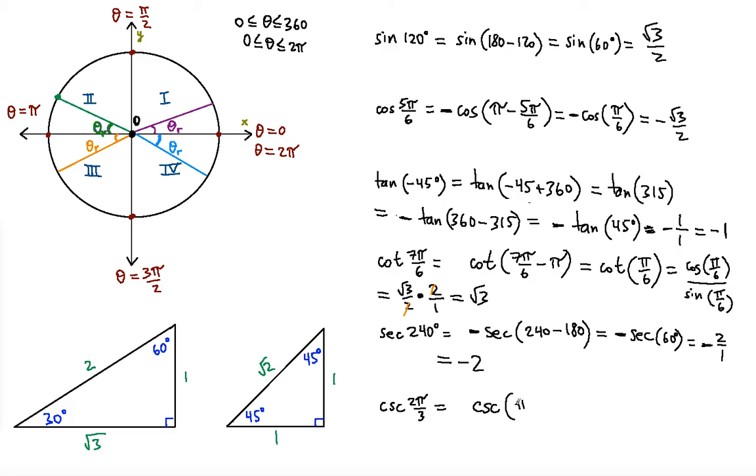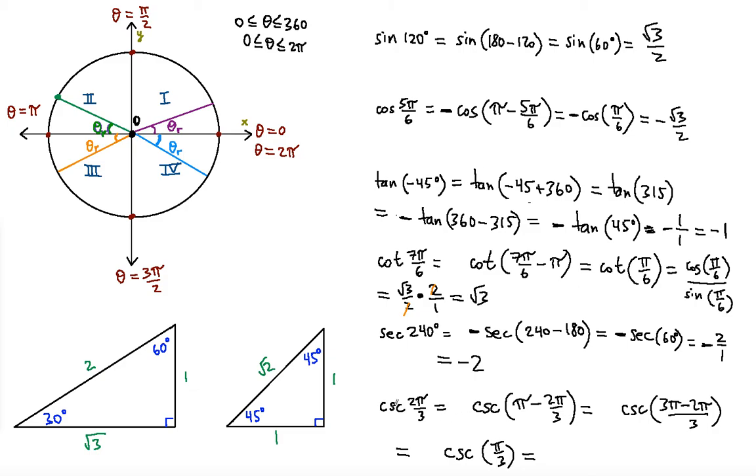We're going to subtract this angle from pi, so we're doing 3 pi over 3 minus 2 pi over 3 essentially, right? So we're getting pi over 3. So that's the reference angle we found.